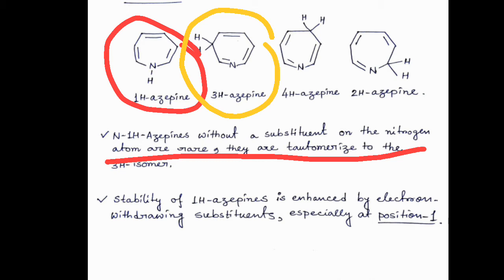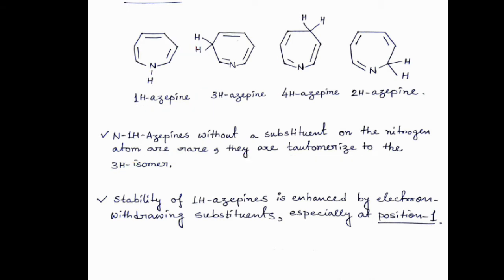That means this 1H isomer is unstable and is converted into the 3H isomer. The stability of 1H azepines is enhanced by electron withdrawing substituents, especially at position 1. So if you place an electron withdrawing substituent at position 1, then the stability of this compound will be increased.